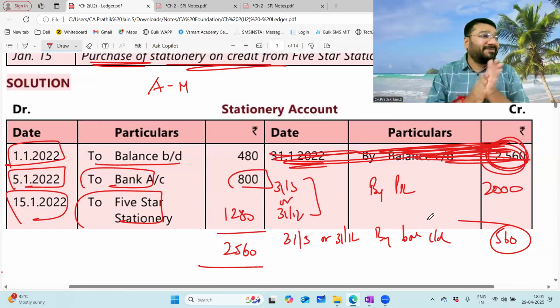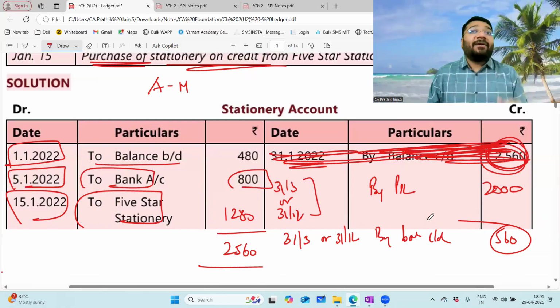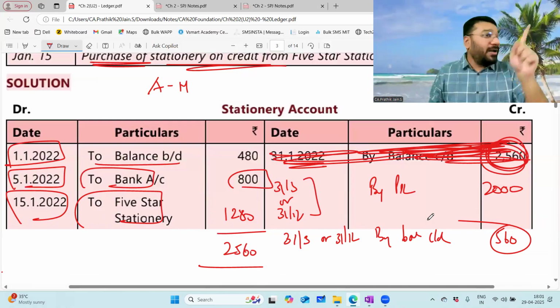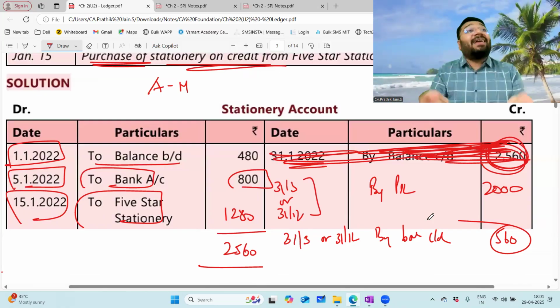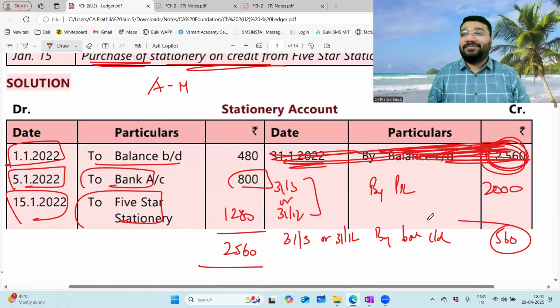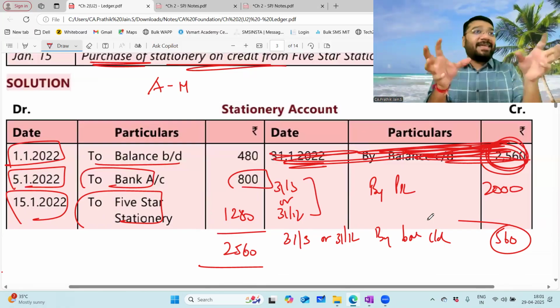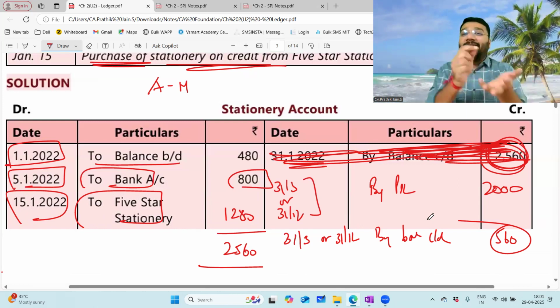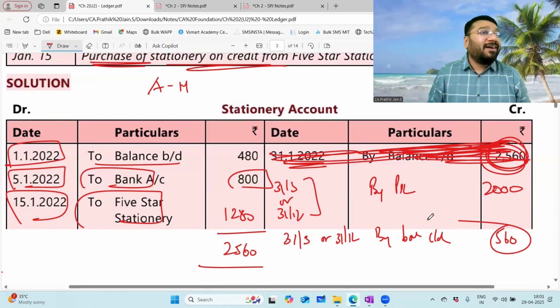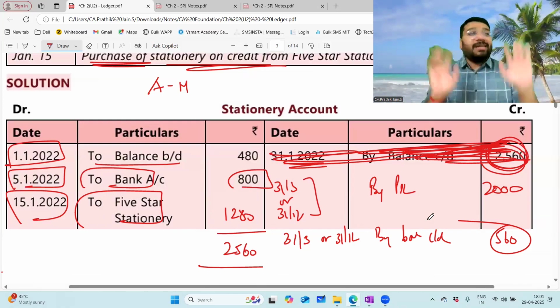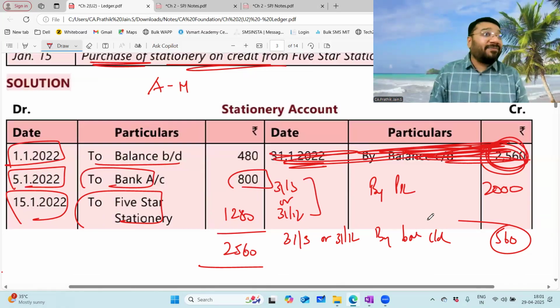Now tell me. In CA, getting the answer is not important. Understanding why it is coming like this is even more important. That is the difference between a normal CA and a dummy CA. Both are CA. One CA has passed by knowing how to do the sums. By doing the sums, you can clear, and here you will save yourself.